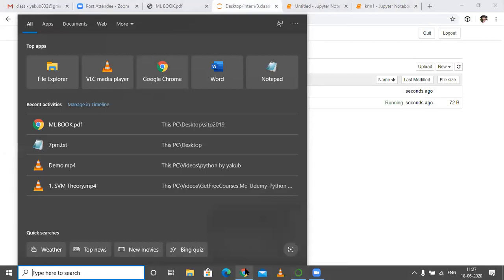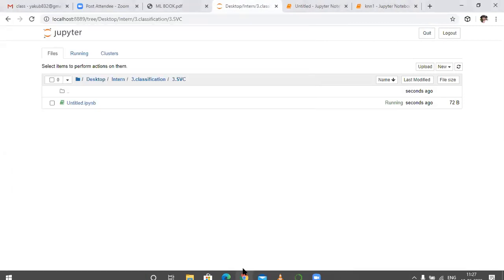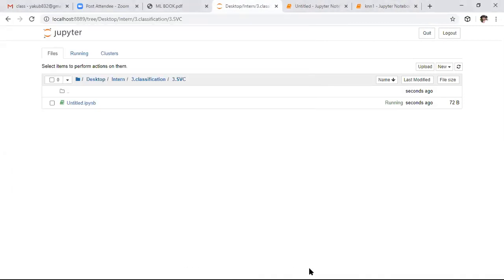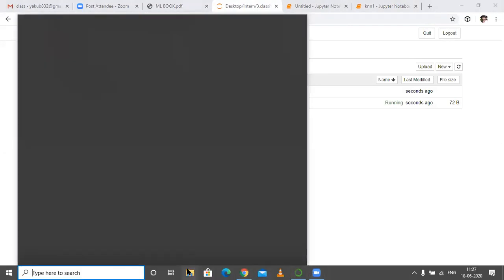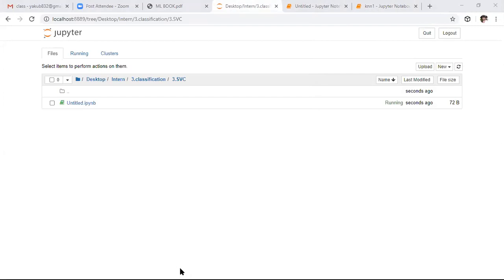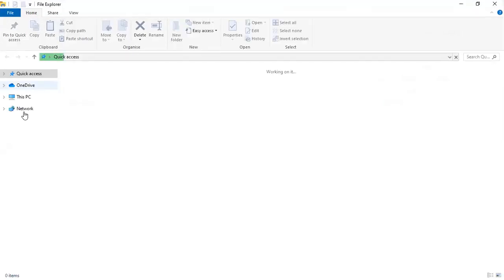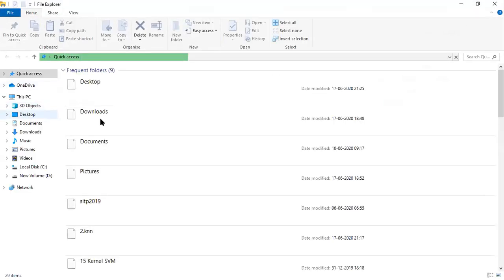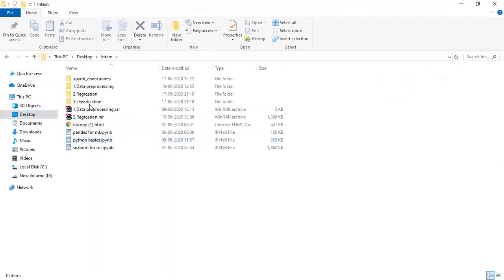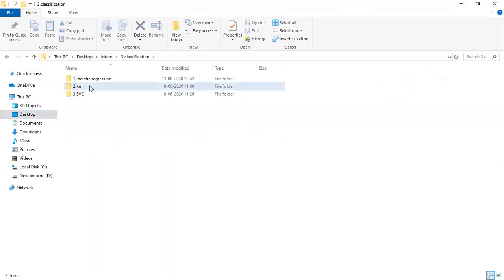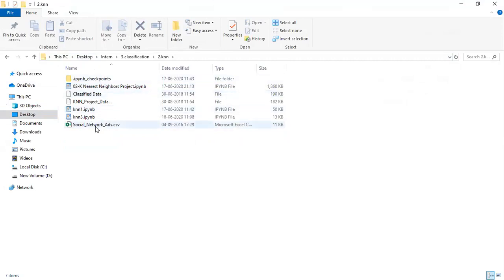I want to read that file. That CSV file will be present in the KNN algorithm folder. So from the KNN algorithm, I want to read this file.